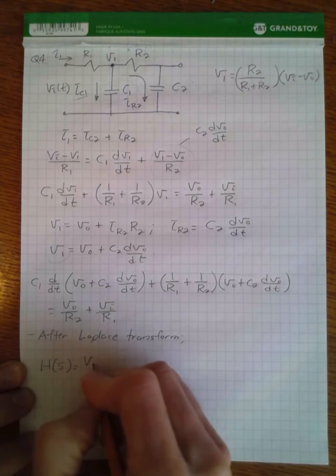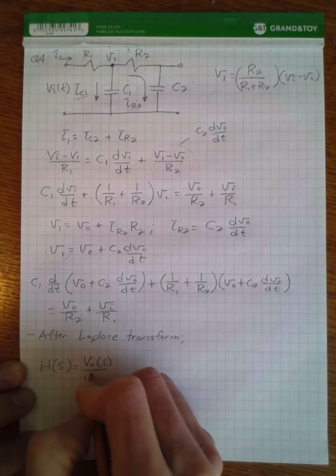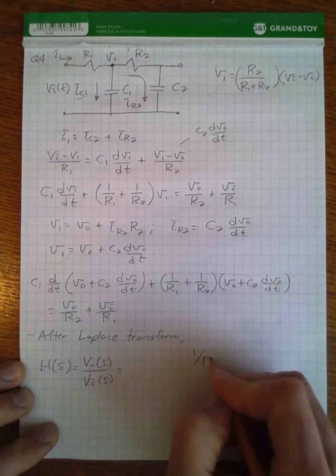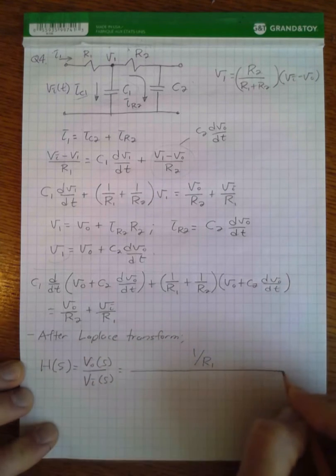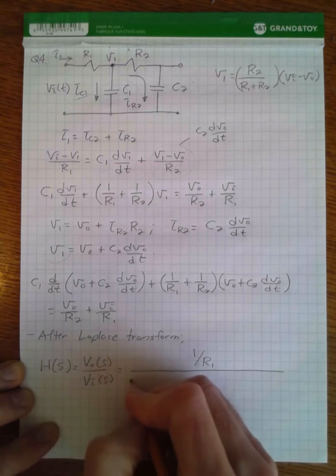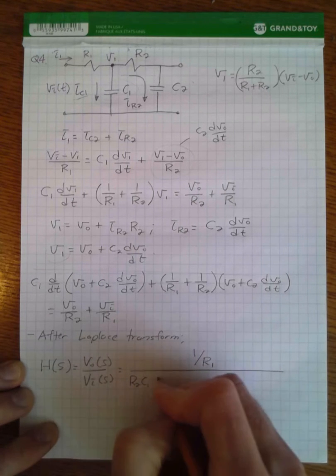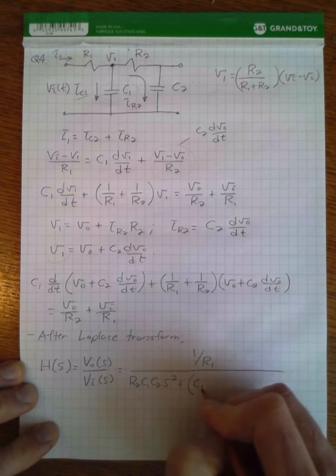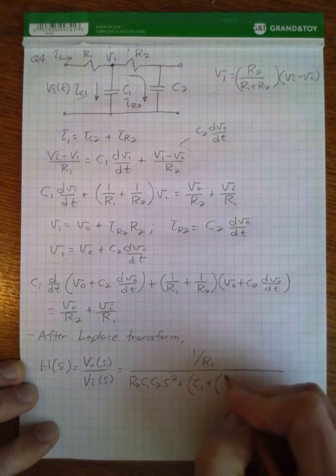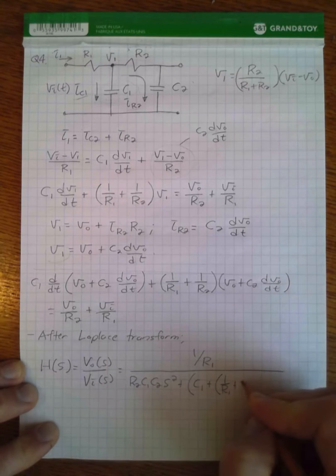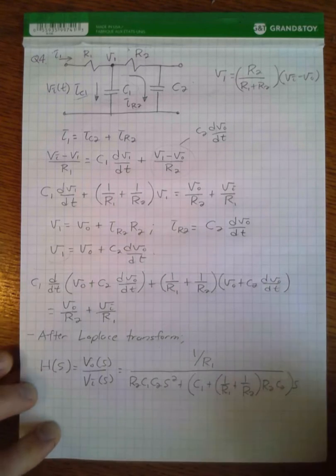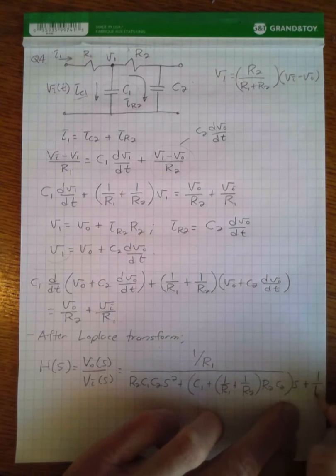H(s) is equal to V out(s) over V in(s), which is 1 over R1 times R2 C1 C2 s squared plus (C1 plus 1/R1 plus 1/R2) R2 C2 s plus 1/R1.